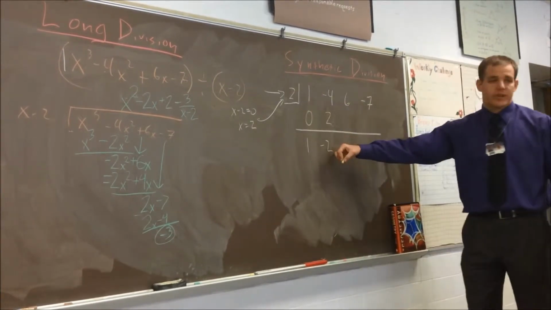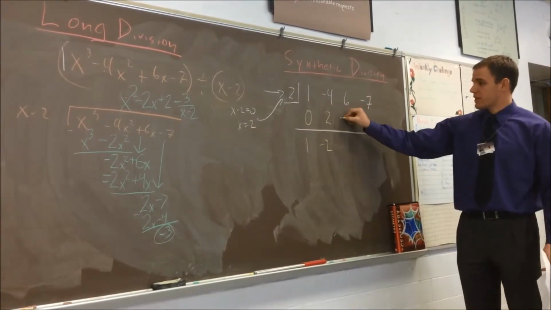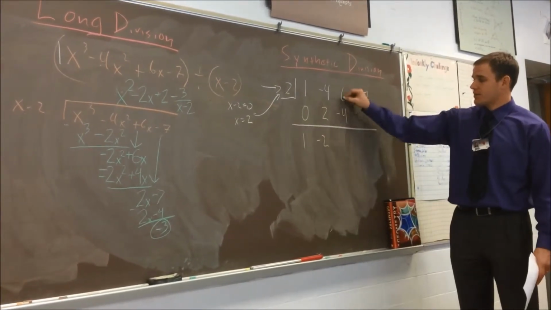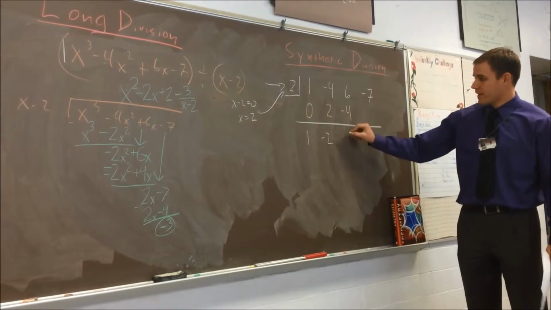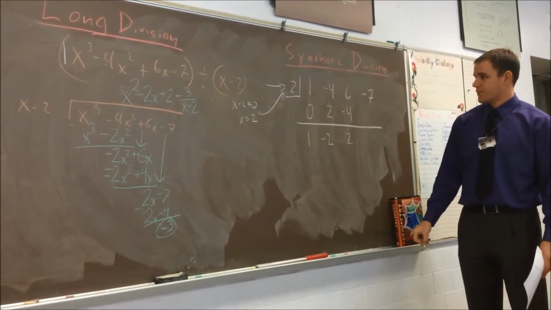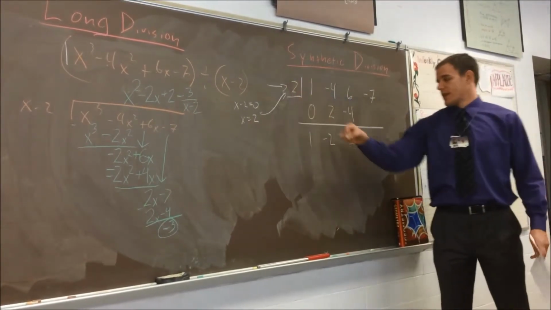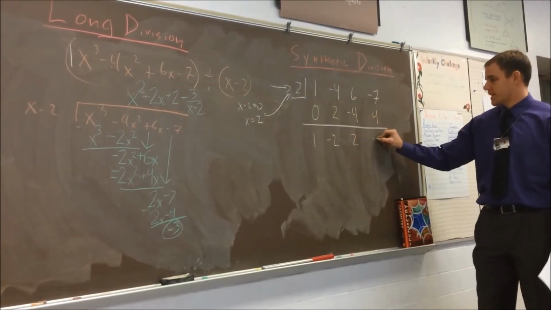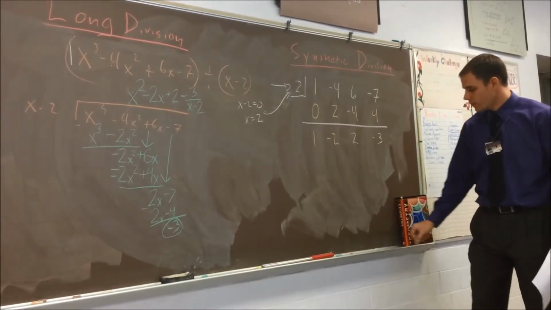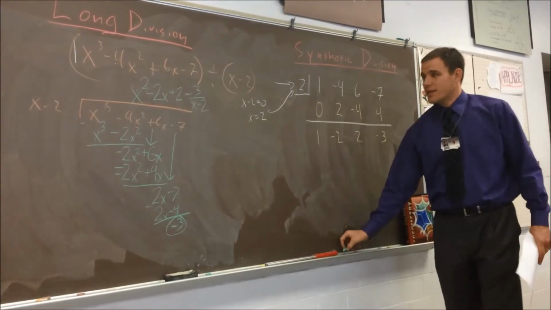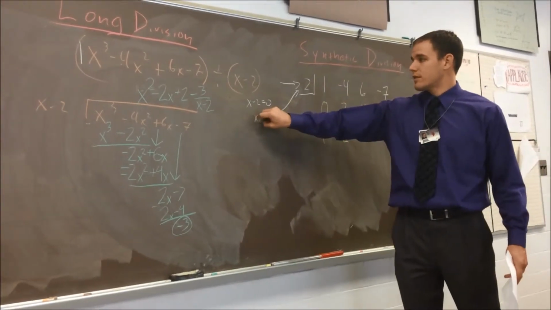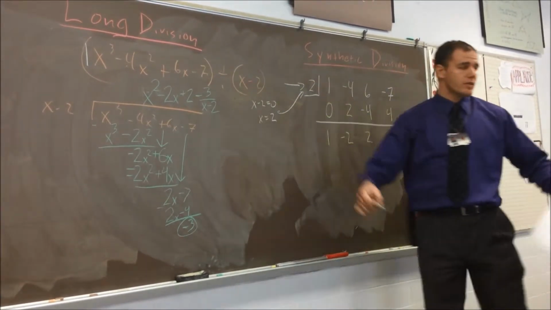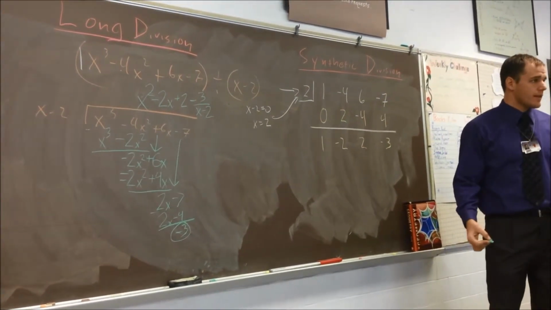2 times -2 is -4. I'm going to add these two together. And I get 2. 2 times 2 is 4. That gives me -3. Now, since I was just using x here, if I divided x cubed by x, it's got to be 1 lower, right?